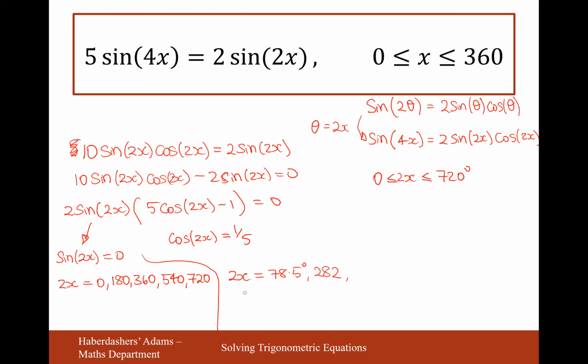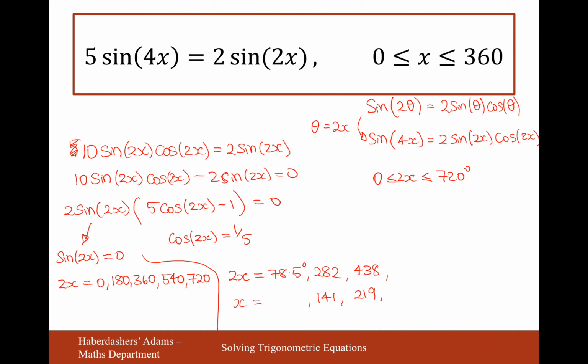Now at some point I'm going to need to divide all these angles by 2, so I'll start doing it now. So that 282 will need to be divided by 2 to give me 141. The next solution on for 2x is going to be 360 add that angle A, so that would be 438, and then at some point I'm going to have to half it, so while it's in my calculator I'll divide it by 2 and I'll get 219.